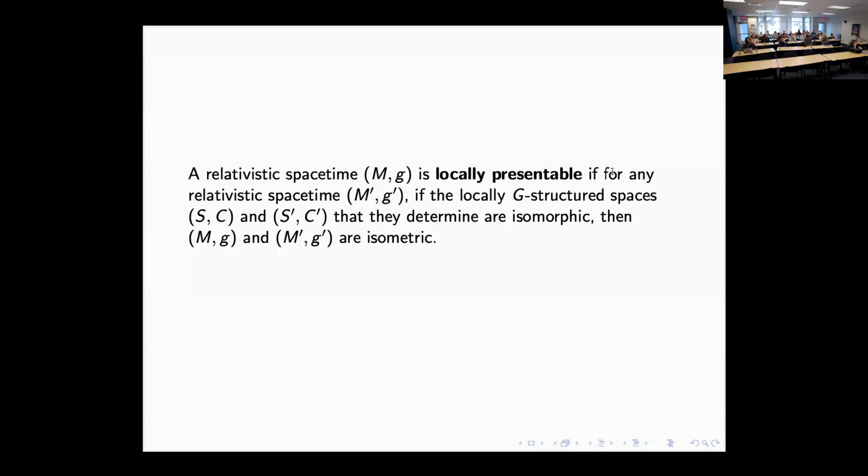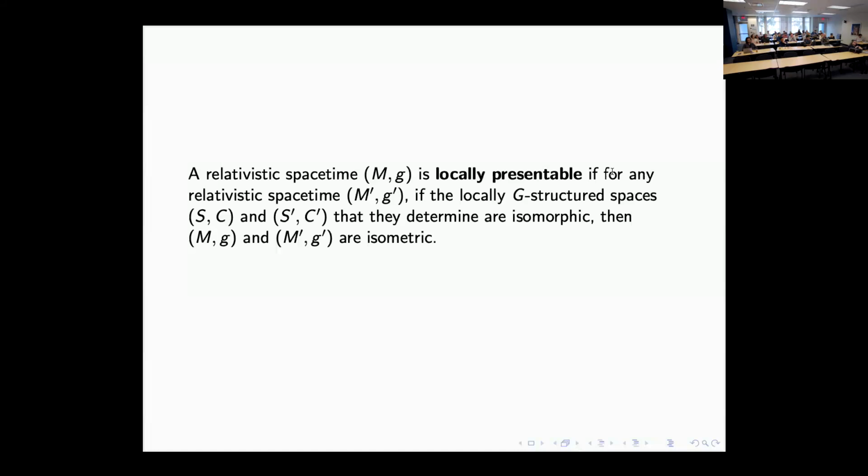A spacetime that is locally presentable is one that can be genuinely recovered up to isometry from the locally G-structured space it determines. So suppose that MG is locally presentable. Then if a relativistic spacetime determines the same locally G-structured space as MG did, then it must be isometric to MG.